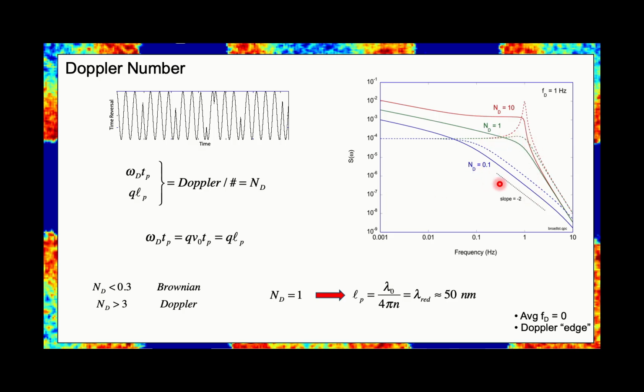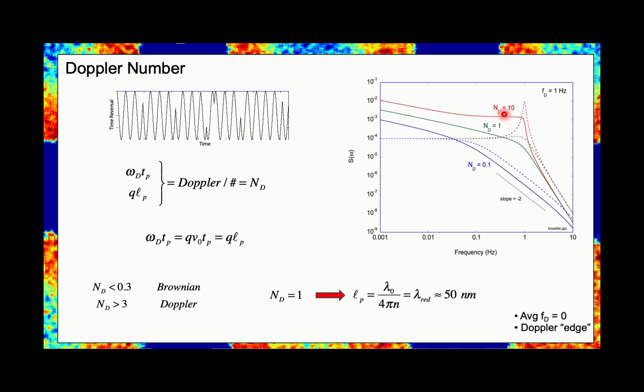And then if the Doppler number is very small, then you go over to this diffusive structure in this dashed blue here. And so then that would be like Brownian motion if it were thermal. One more detail is that, in fact, in tissue, the motion is isotropic. So this Doppler peak, the dashed red, was for motion collinear to the q vector, but the q vector and the velocity have any orientation, and so you have to do that angular average, and it converts the Doppler peak to a Doppler edge.